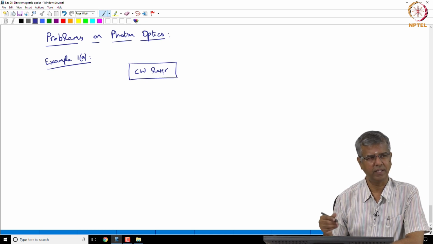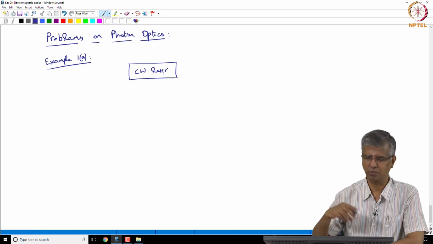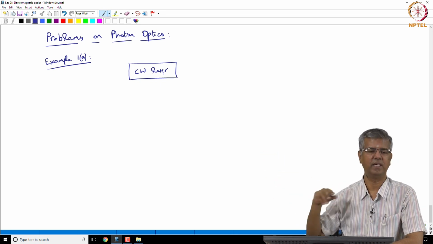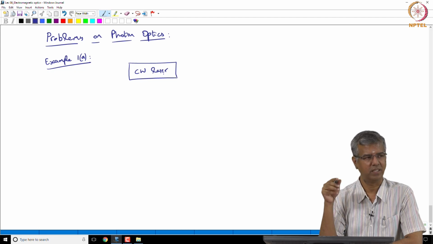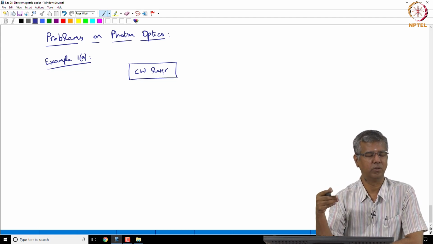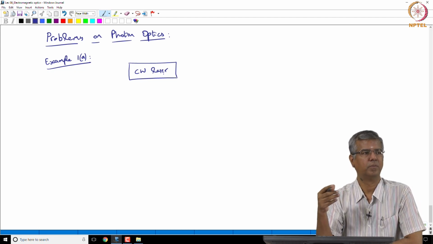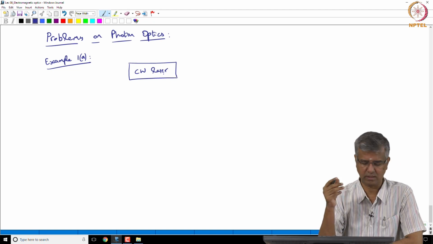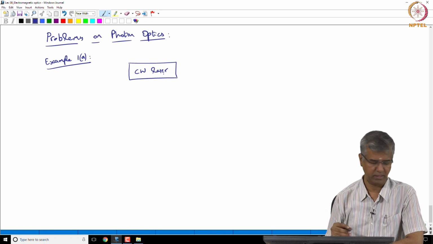Of course we'll find that it's a bit of a misnomer, because we talk about continuous wave as in continuously propagating waves, but what we are actually going to look at is the photon emitting properties of this laser.